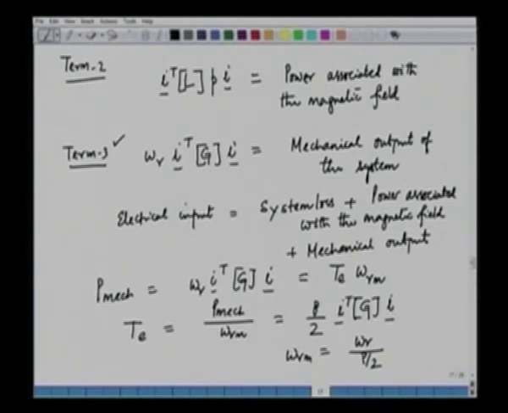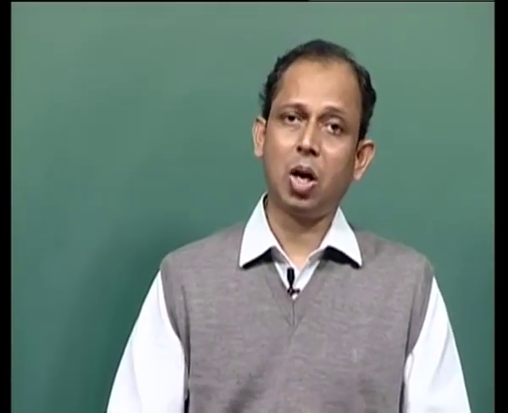So this is the expression for the torque, and the expression for the torque will be beneficial for us when we go for the simulation of electric machines. The mechanical output is the torque, and the torque will be leading to the speed. So we have to know the torque output to simulate the entire machine.